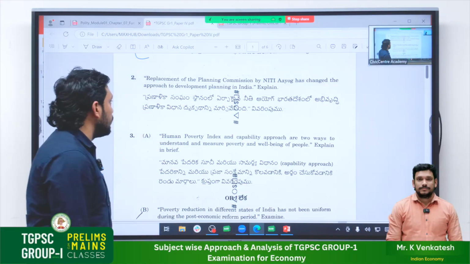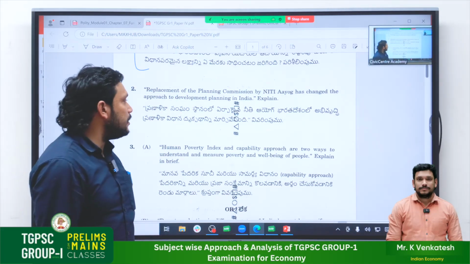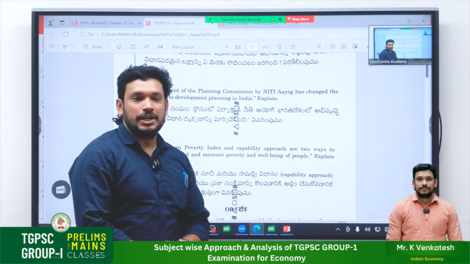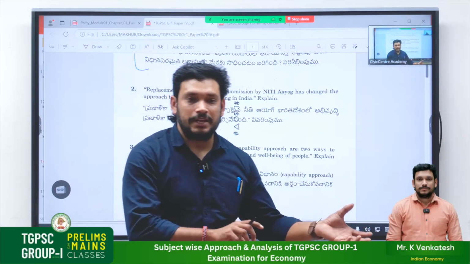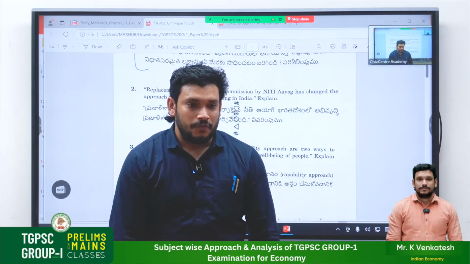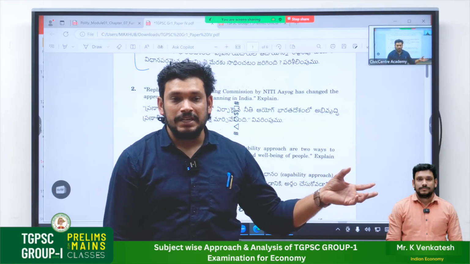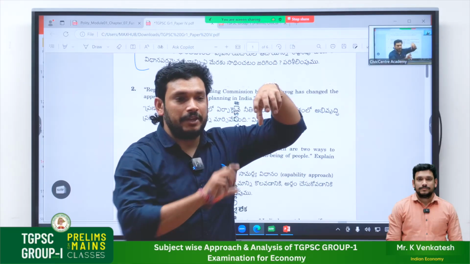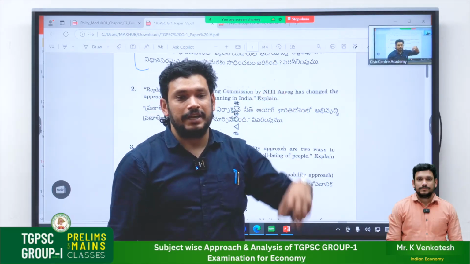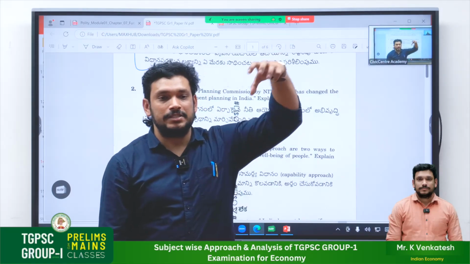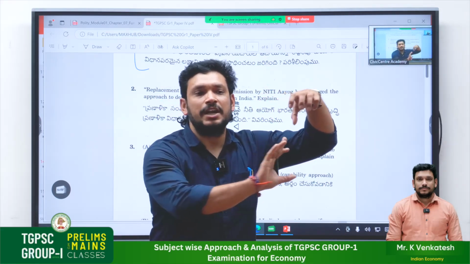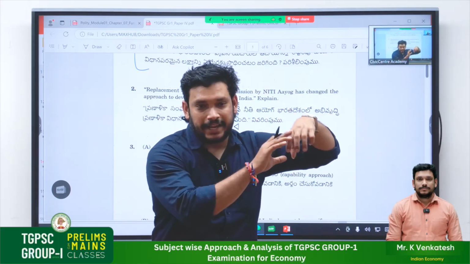So, from the planning perspective: replacement of the Planning Commission by Niti Aayog has changed the approach of development planning in India. Explain. As I told you, the Planning Commission was replaced by Niti Aayog. When there was the Planning Commission, it was centralized planning. There are states, and it will be distributing the grants. But here Niti Aayog is there, with which no funds are available. It is only a think tank.